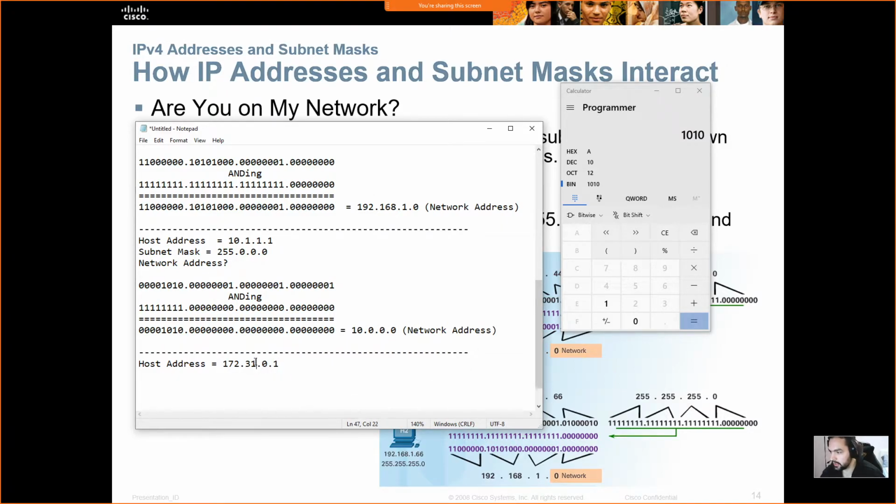This is the host address, guys. And we just need to figure out the network address. I'm going to give you the subnet mask: 255.255.0.0. We need to find out the network address.